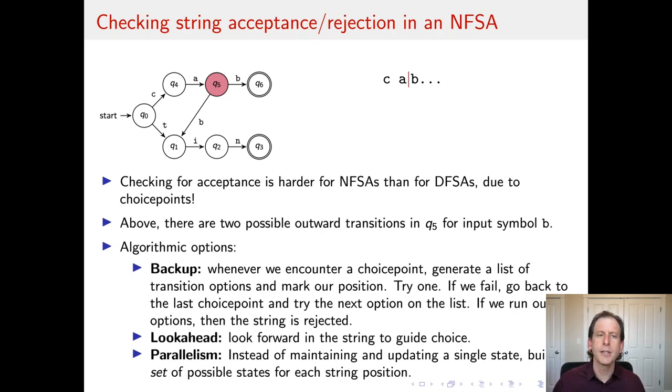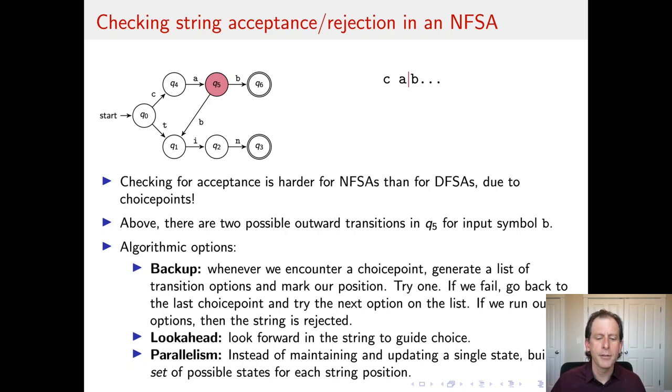There are methods for dealing with this, and there are a few algorithmic options for how to do string acceptance and rejection checks in non-deterministic automata. There's backup, which basically involves marking choice points and going back to an earlier choice point if I failed in pursuing one choice.